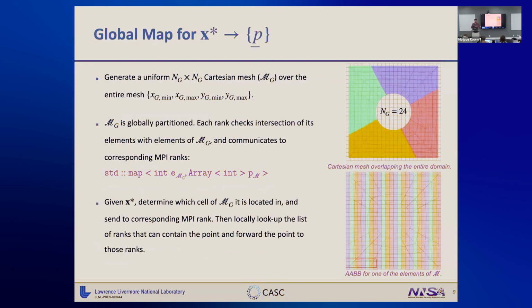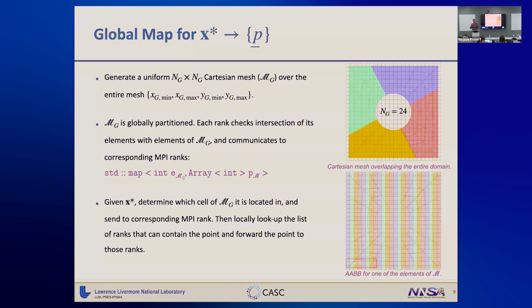Okay. Now zooming out more, we have a similar map at the global level. We fit a Cartesian aligned mesh that spans the entire domain. Now the difference is that this Cartesian mesh is also partitioned across your n ranks, and we have to do some MPI communication to basically store this information, where we say which element of the Cartesian mesh overlaps with the elements of our high order mesh.